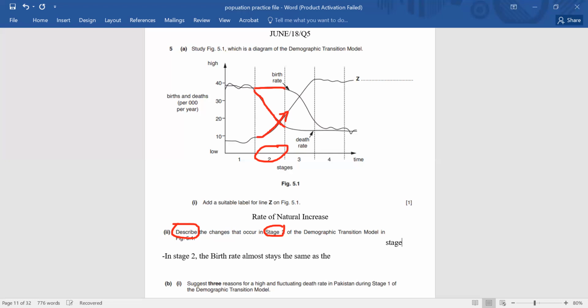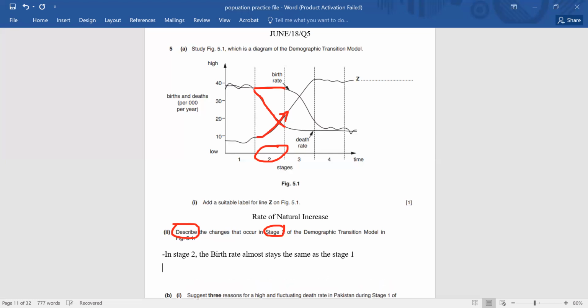Number 2, the death rate has decreased sharply.